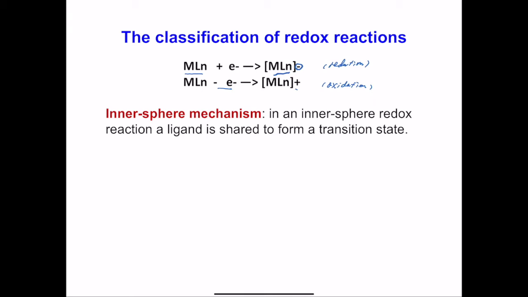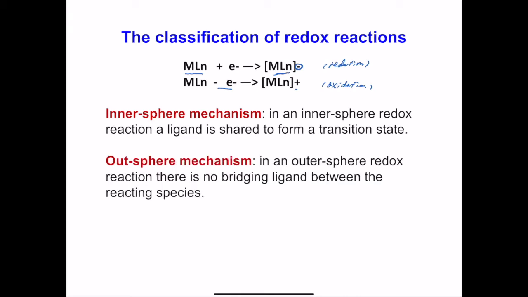We will use an example to show what that means. Another mechanism is the outer sphere mechanism, where there's no bridging ligand between your transition metal compound and the reductant or oxidant, so the electron just transfers between the two.